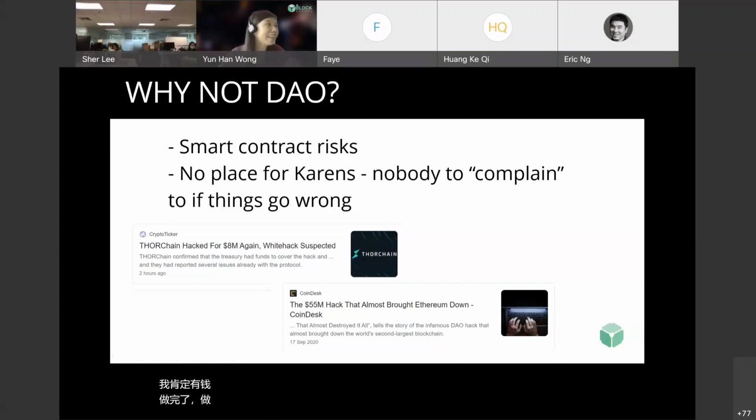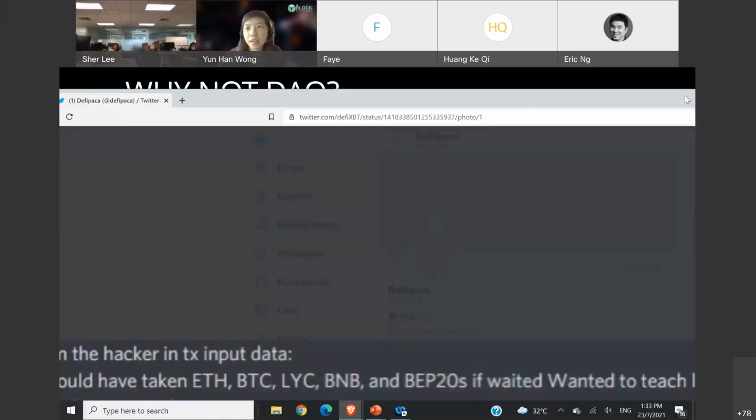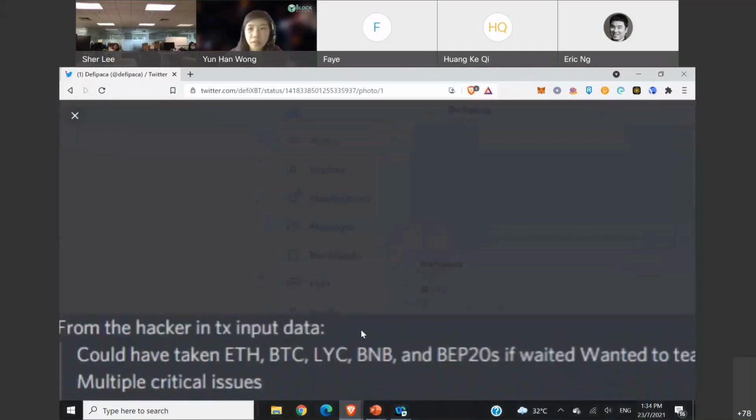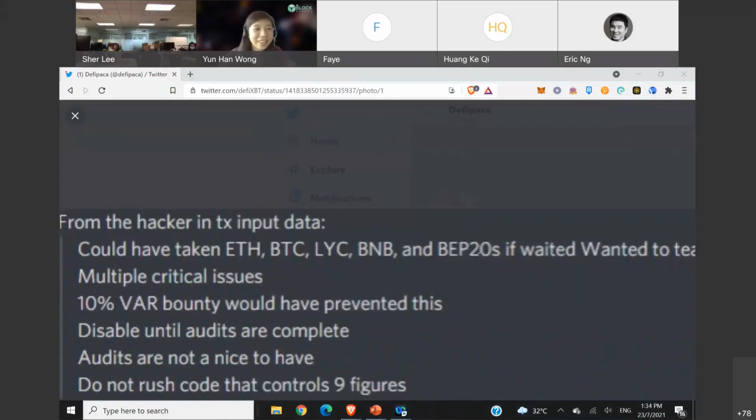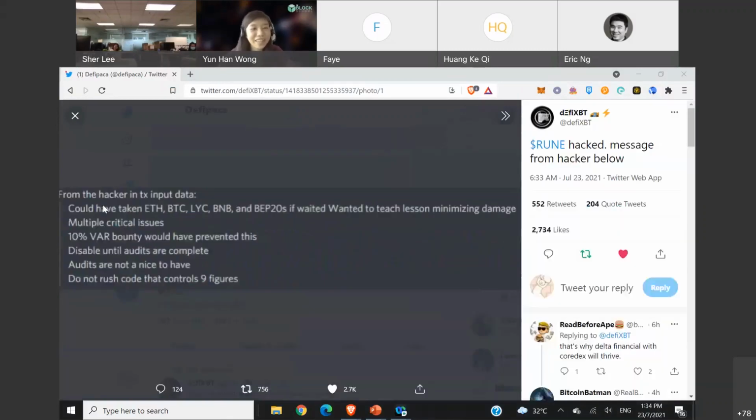So this is what the hacker did. He actually left a note to share with THORChain on how this system is really not perfect. For example, you can see from this tweet, from the hacker: could have taken Ethereum, Bitcoin, BNB, BEP.